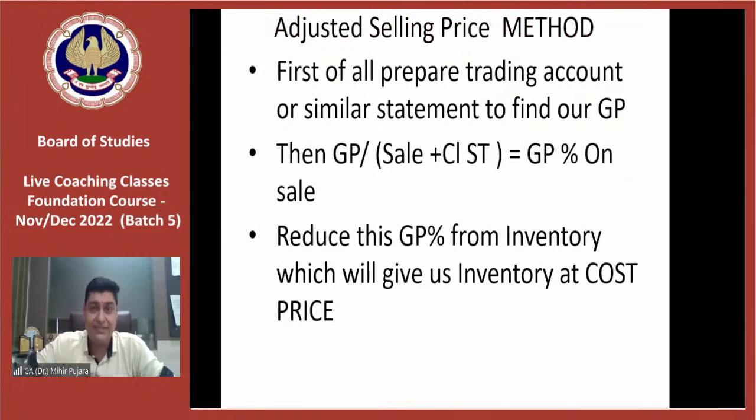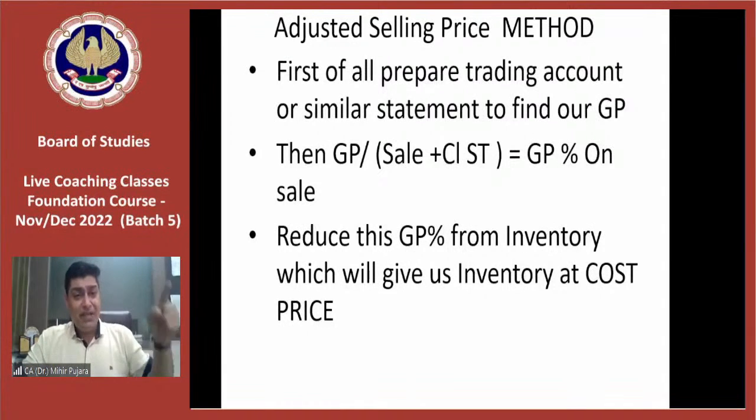How? Second slide. First of all, prepare trading account or similar statement. Find out GP. How to find out GP, you know very well. Then GP divided by, now guys, this is the important point. Be concentrated. GP should be divided by not sale, but GP will be divided by sale plus closing stock.